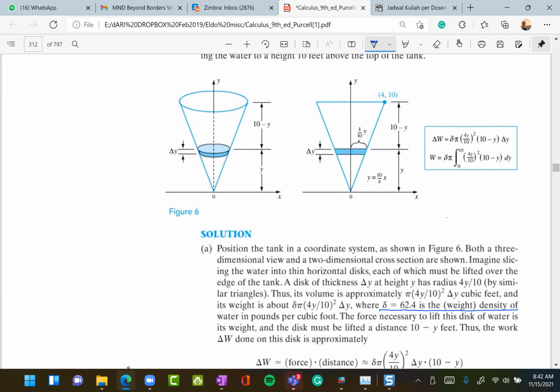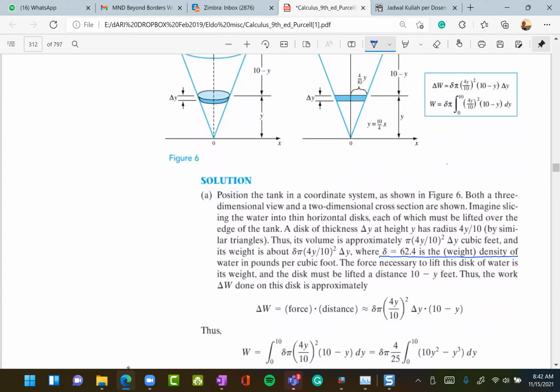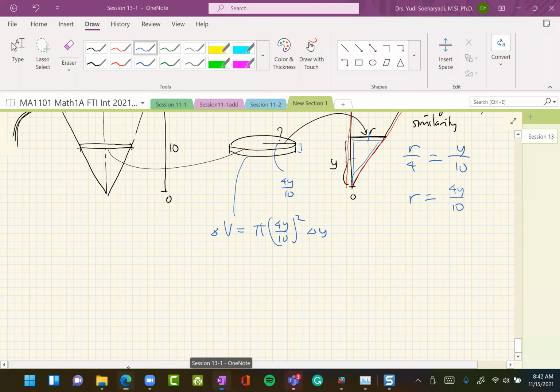Anyway, it's denoted by delta. So the force is delta times, let's go back to our calculations, density.